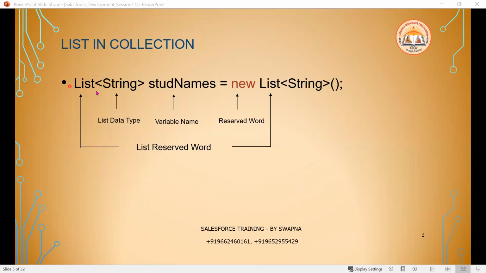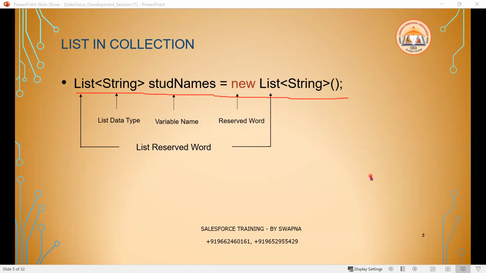Now, whenever we write this logic, List of String studentName equal to new List of String, open and close brackets, and I execute this entire line, what will happen?